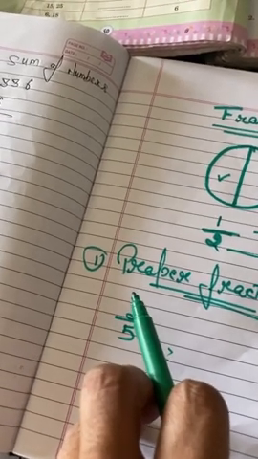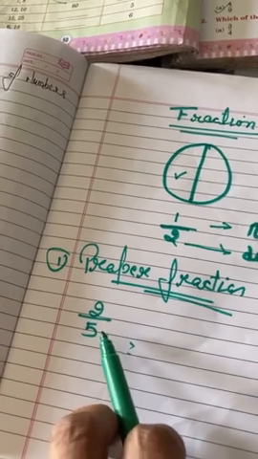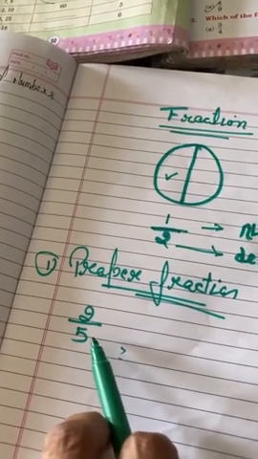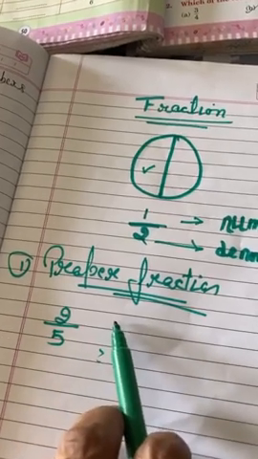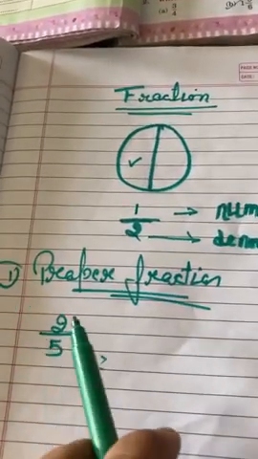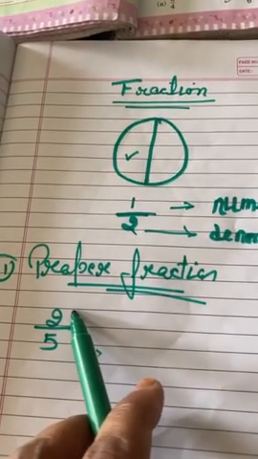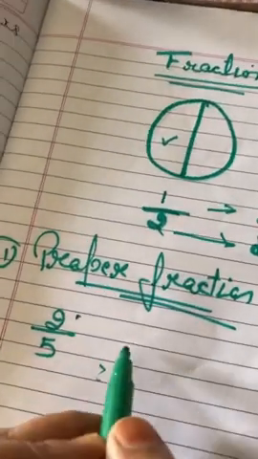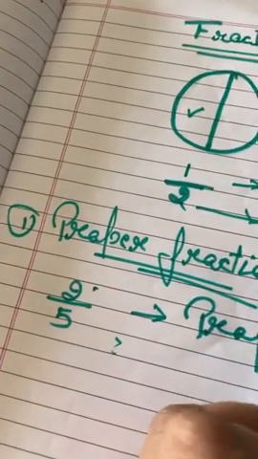So a fraction in which the numerator is less than its denominator, then the fraction is known as proper fraction. Here you can see 2 is less than 5. That means numerator is less than denominator. So this type of fraction is known as proper fraction. Clear?